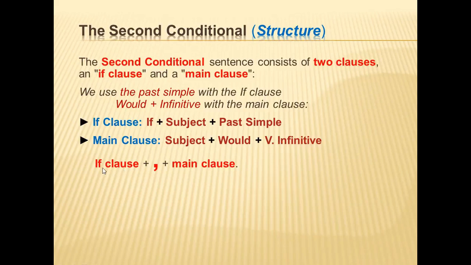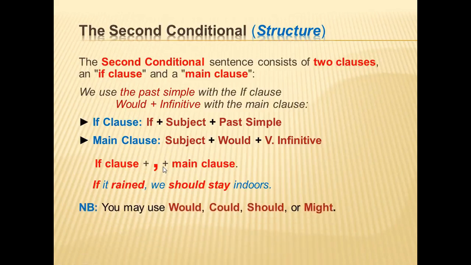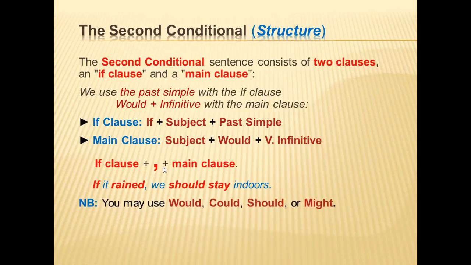Like this one: if plus comma plus main clause. For example, if it rained, we would stay indoors. Actually it is not raining. Note that you may use would, could, should or might for the second conditional.